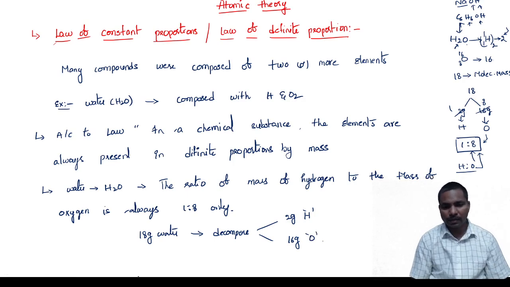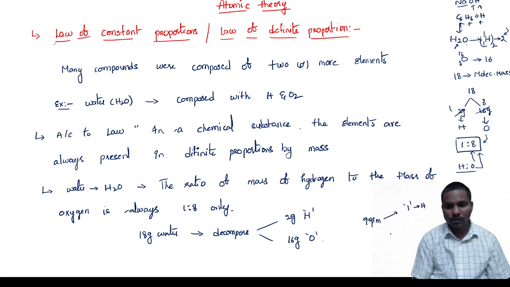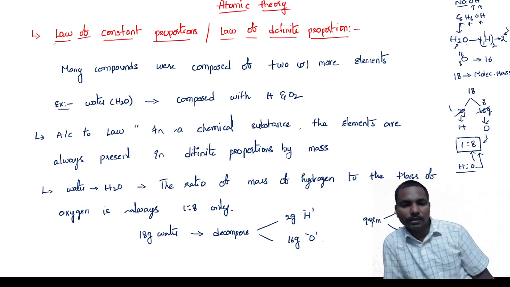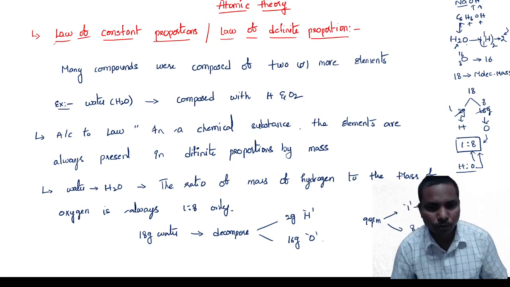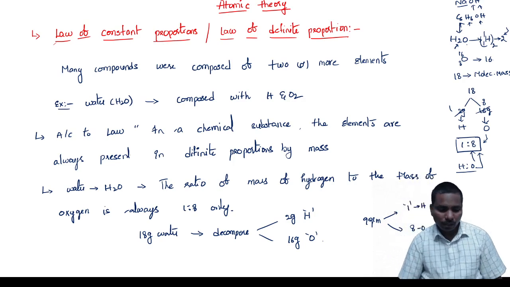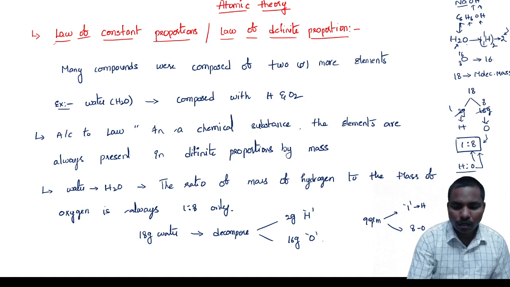If you take 9 grams, 1 gram is hydrogen and the remaining 8 grams is oxygen, like that. So this is nothing but the law of constant proportions, or law of definite proportions. Now coming to the next very important topic, Dalton's atomic theory.